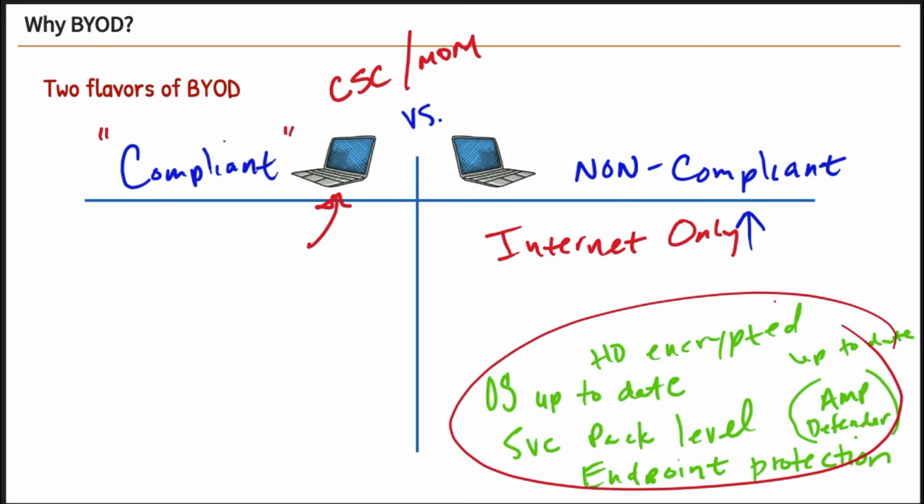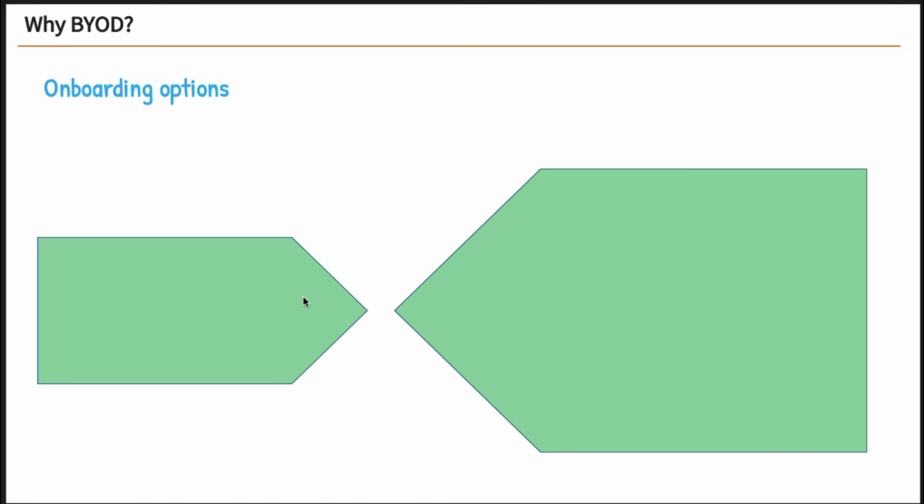But once we identify that something is compliant, it's at that point they can gain access into the internal network. So you'll see the difference here. And we're going to get into all of this. This is just getting you to think about compliant versus non-compliant and the idea of different levels of access for BYOD.